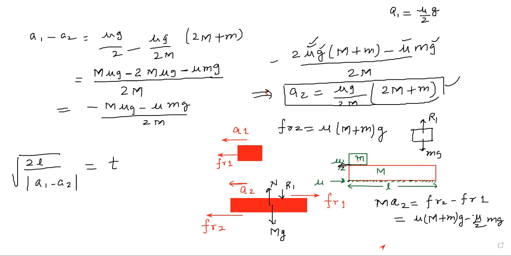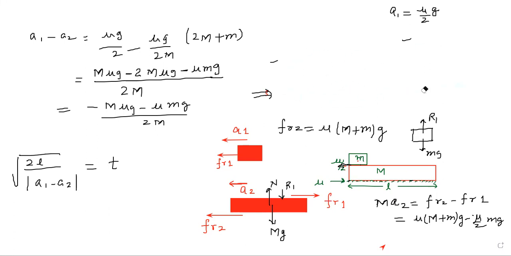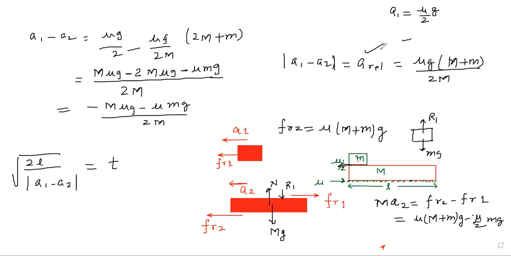So the modulus of a1 minus A2, the relative acceleration, will be equal to mu g, taking common, times capital M plus small m divided by 2 capital M.